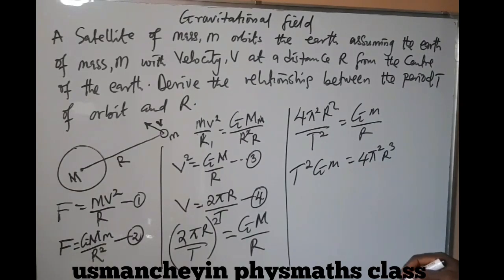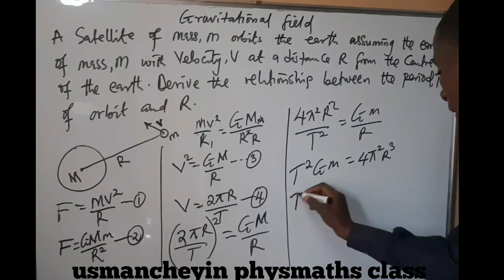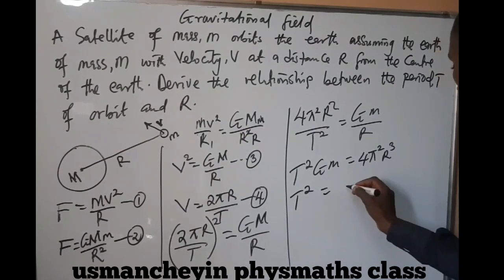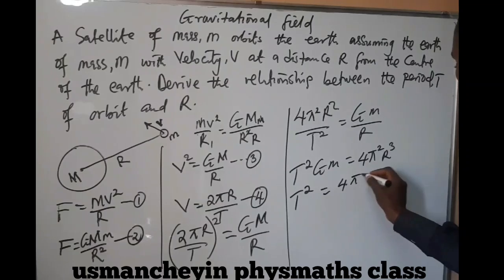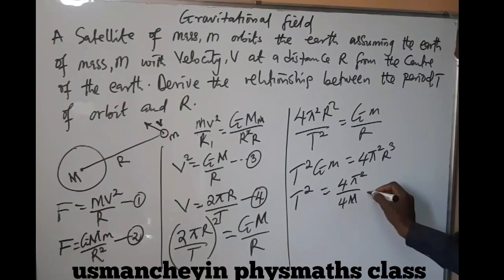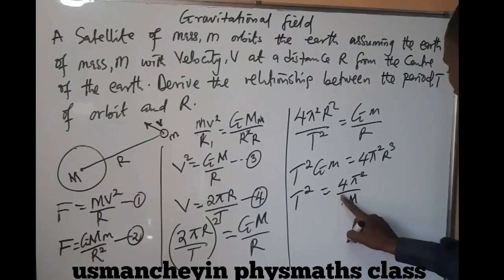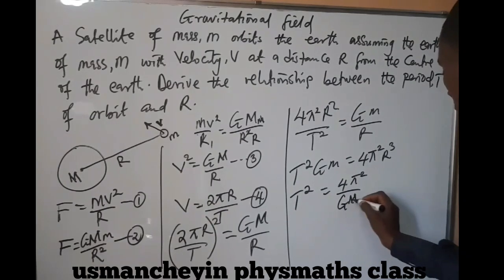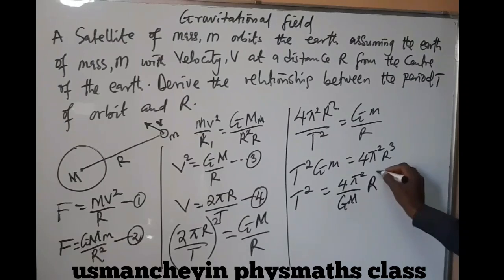Okay, so if that is true, I can just say that T square is equal to 4 pi square all over G M, then r cube.